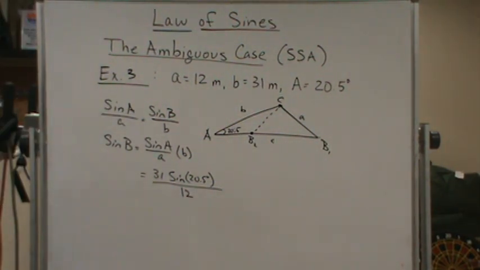Okay, so now let's solve this. Okay, so we get 31 times sine of 20.5 divided by 12, and that's sine B, right?